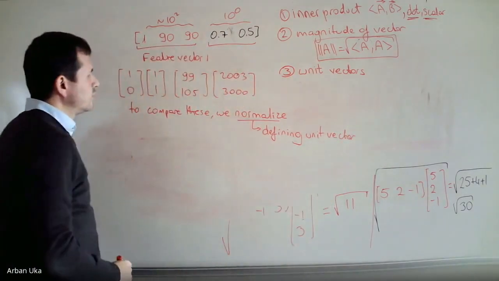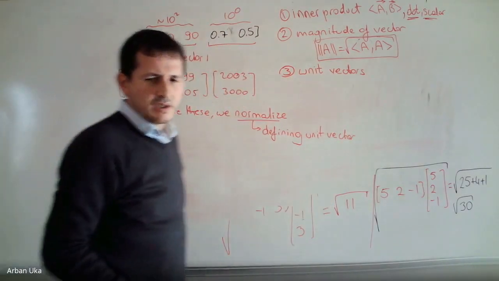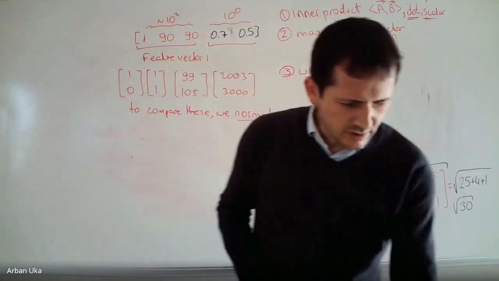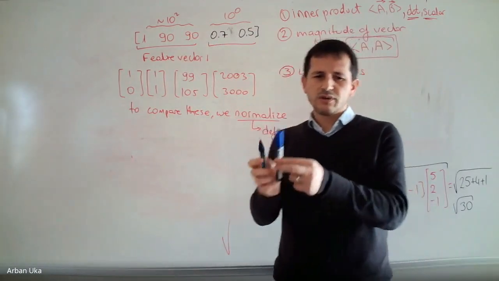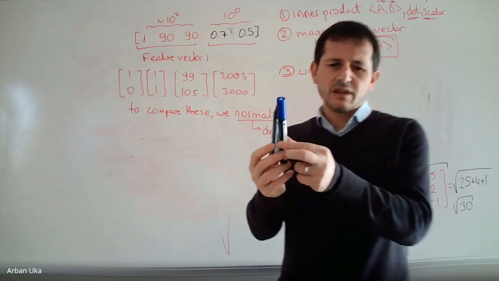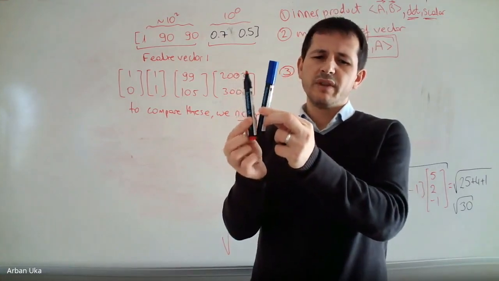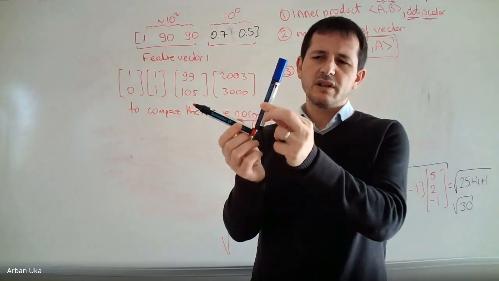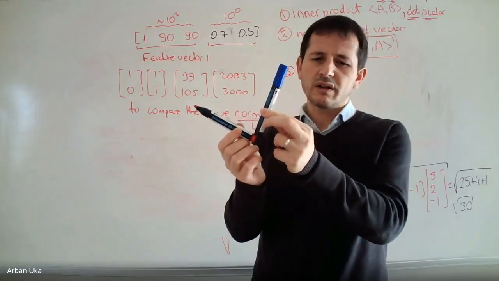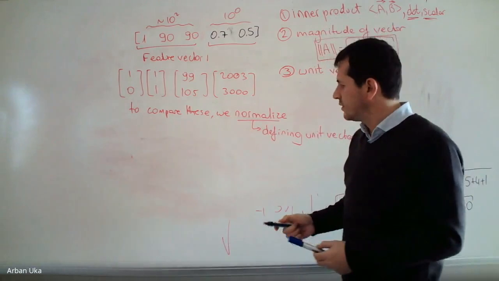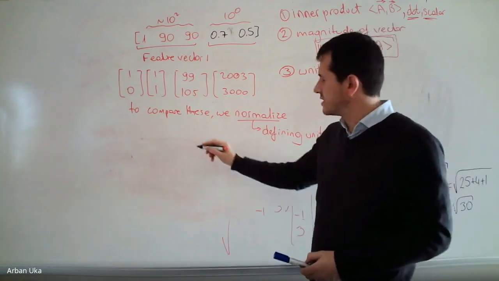Why do we do this? Because we want to see the similarity between two vectors. We often try to distinguish like this. If the angle between these two vectors is small, we say that they are very similar. If between two vectors the difference is larger, we say that they are kind of different. So this is how we try to visualize this.